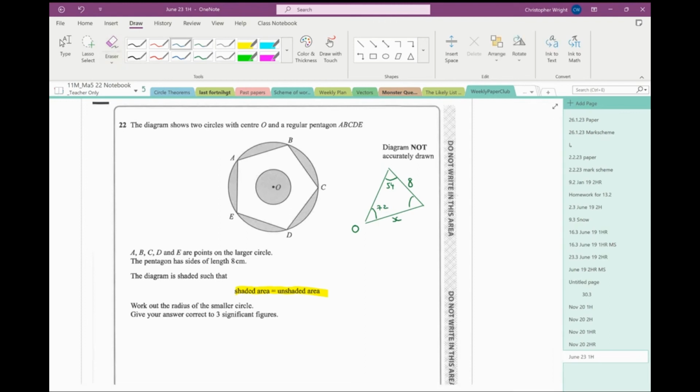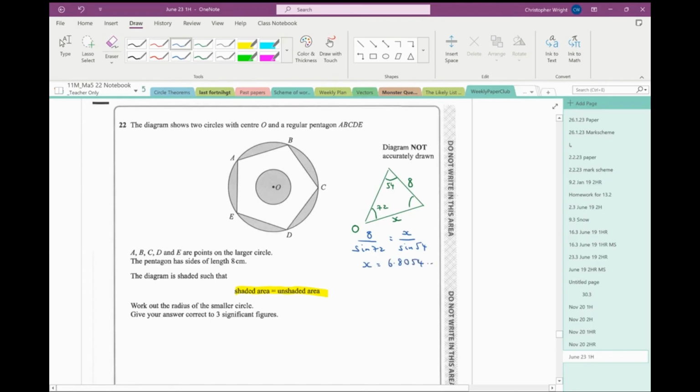I can do that using the sine rule. I've got 8 over sine 72 equals x over sine 54. So that gives me x of 6.8054 and so on.